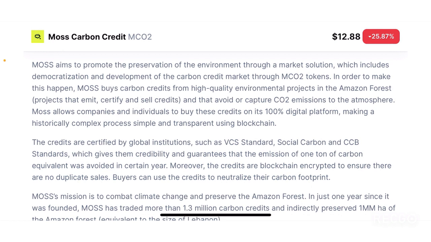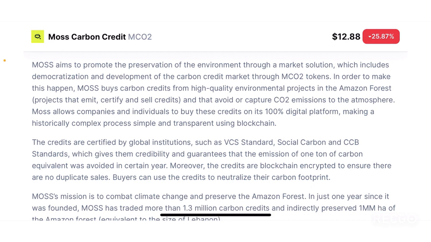In order to enable this kind of change, Moss purchases carbon credits from high quality environmental projects in the Amazon rainforest that avoid or capture CO2 emissions in order to prevent them from reaching the atmosphere, right? So they're trying to purchase carbon credits from high quality projects in order to facilitate this process.